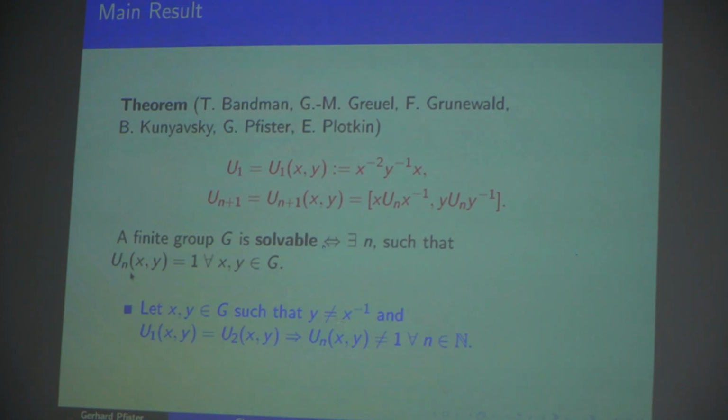That gives you a possibility to check whether it is possible to obtain un of x, y to be 1 or not. So if we want to prove that a group does not satisfy this identity, we just have to check that u1 of x, y is equal to u2 of x, y. That will lead later on to a system of equations.